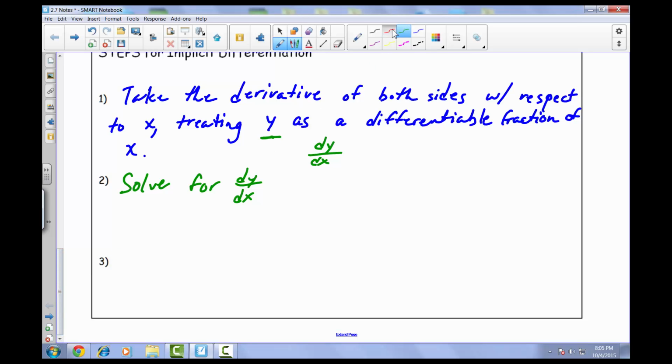After you've solved for your dy dx, the third step is to substitute in the specific xy coordinate point that you're hoping for that tangent slope. So you would substitute.